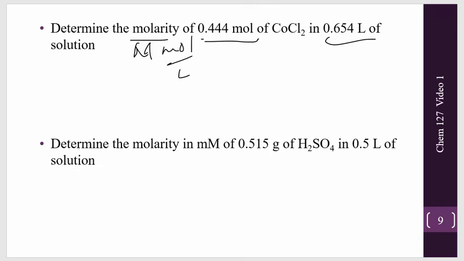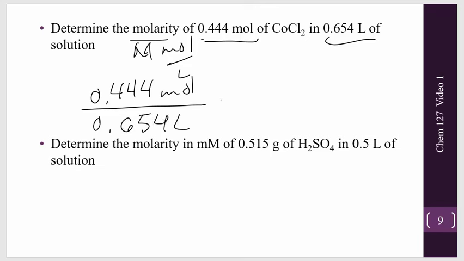This one couldn't be simpler: 0.444 moles and 0.654 liters. With 3 sig figs, that gives us 0.679 molar. Our solute is CoCl2, cobalt chloride.